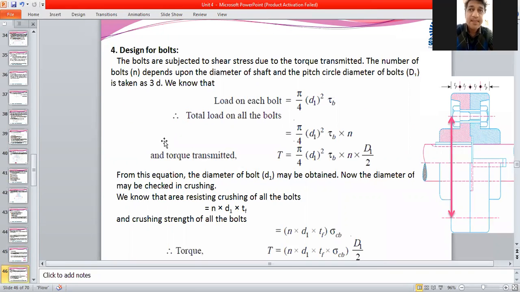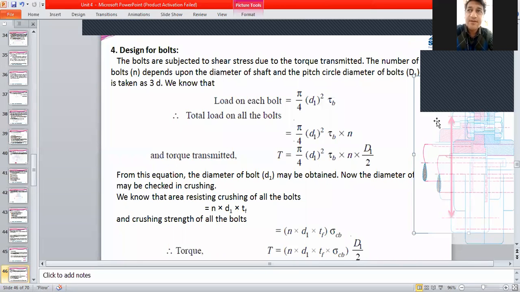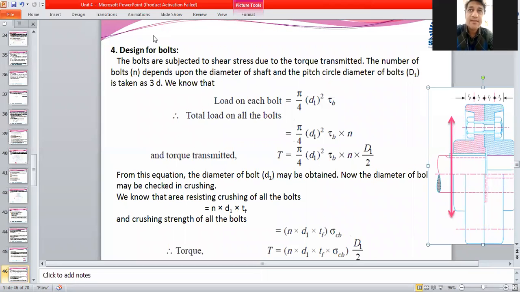Next, what we are going to do is design the bolts. Now the bolts are undergoing shear stresses. Here you can see the diagram, and already we have taken the pitch diameter of the bolts, which we have decided as D1. The torque which we want to transmit has to be calculated.